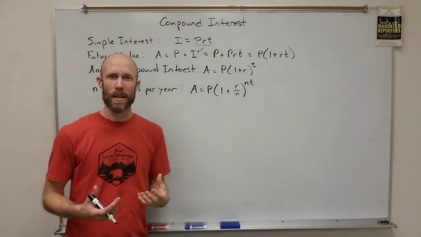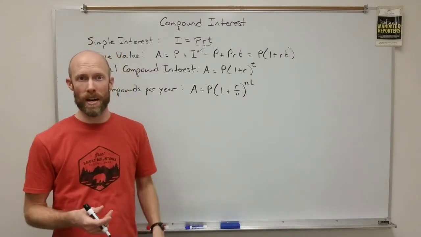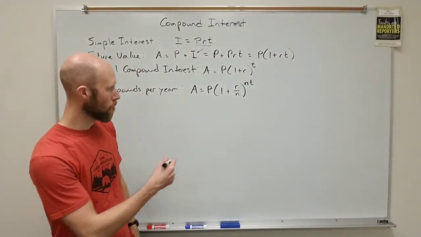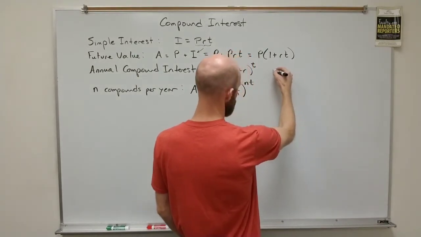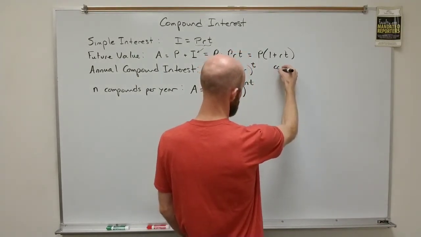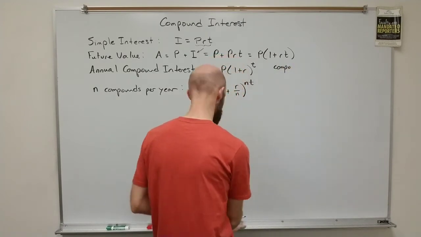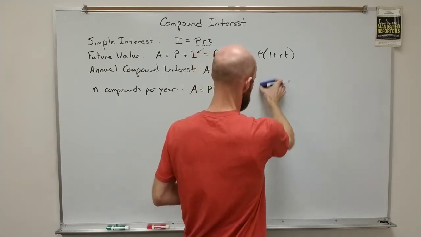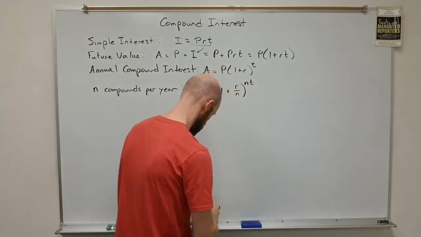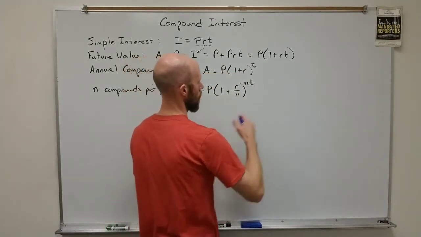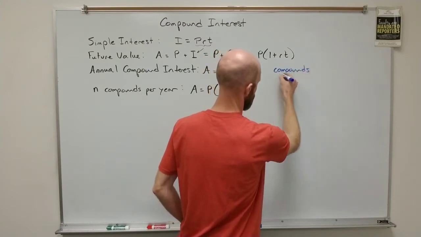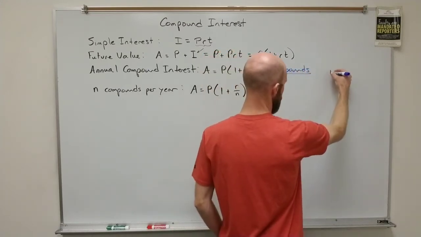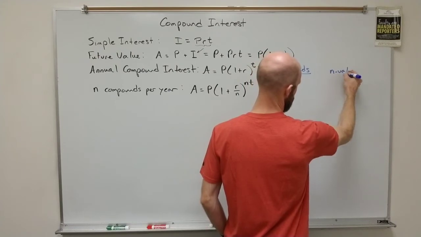Now again, n can be a number of different values, and maybe I'll write a few of them up here, but let's do this in another color so that it stands out. So compounds and the corresponding n value.